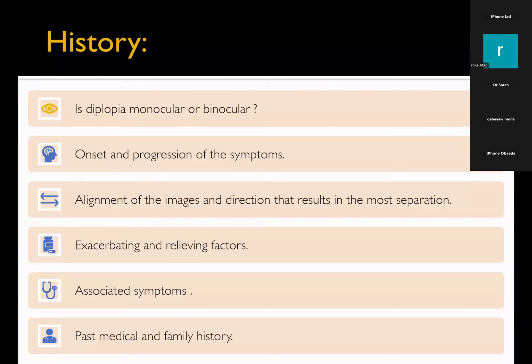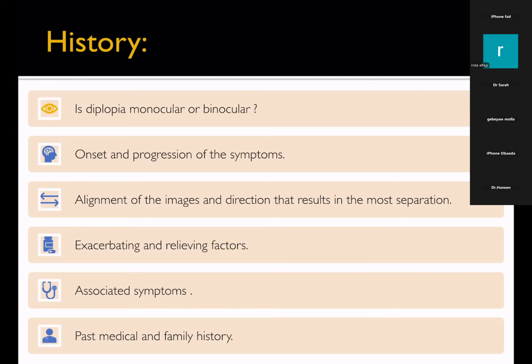Is the diplopia monocular or binocular? This could be decided only when the patient mentions that if he or she closes one of the eyes, the diplopia disappears. But we have to confirm that this one eye could be the right or the left. Disappearance of diplopia is consistent whether he closes the right or closes the left.